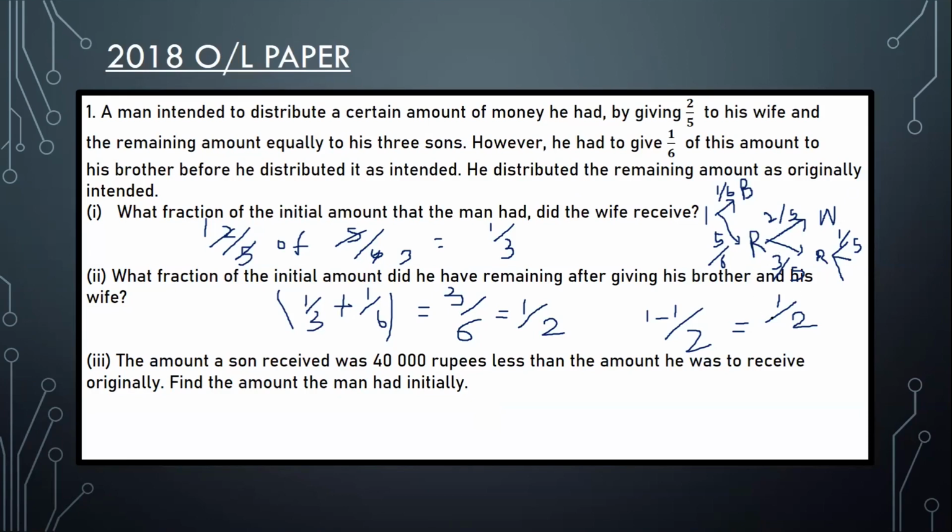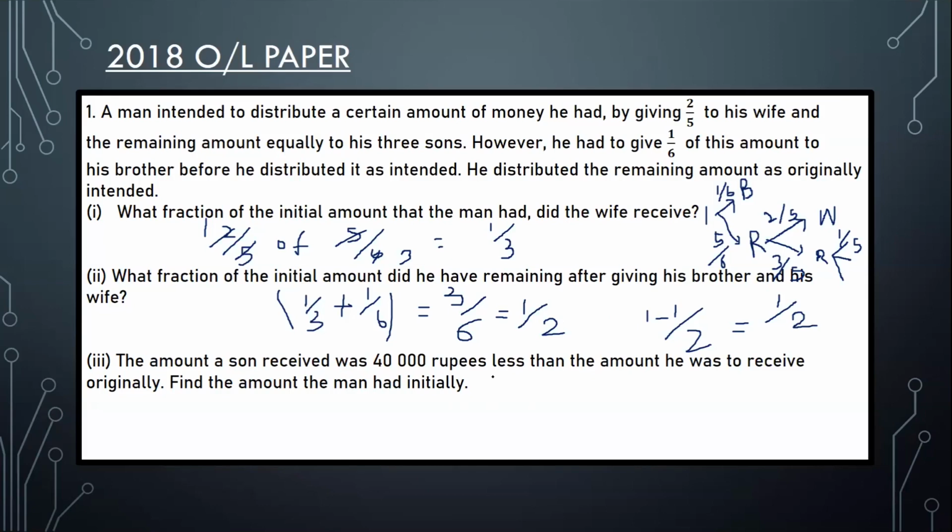So this 3/5 is only divided among 3 sons. Okay, that means this half is divided among 3 sons, right? After giving to their brother and wife, the remainder is half. From this half, each son is going to receive equally.